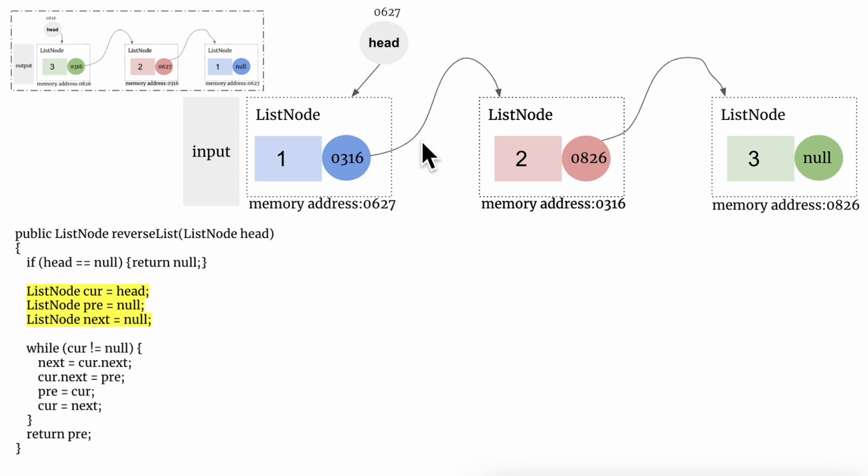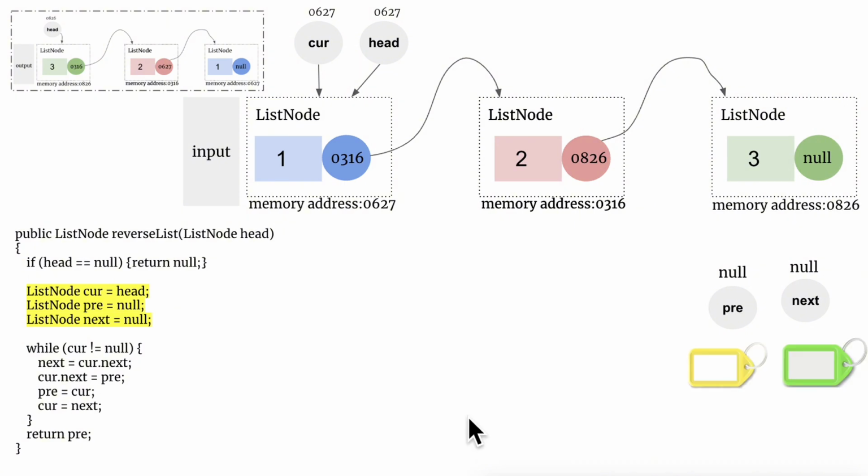I need a pointer pre to help me update node 1's next reference. So let's initialize those pointers. Here, pointers pre and next are both initialized as null. You can think of this like blank house tags with no writing on them.